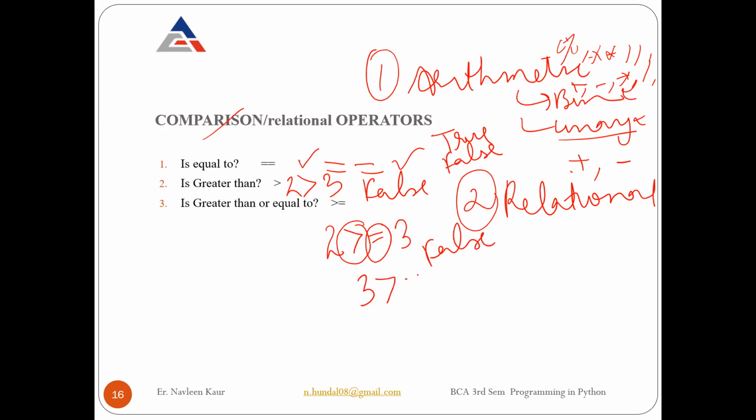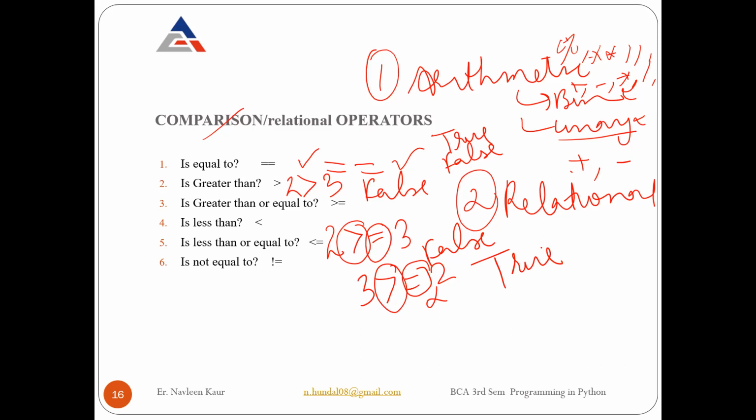Is 3 greater than or equal to 2? Yes, although they are not equal, 3 is greater than 2, so you will get true. Next is less than or equal to, and not equal to. Is 2 not equal to 2? False, because 2 is actually equal to 2. So we will do these examples here.